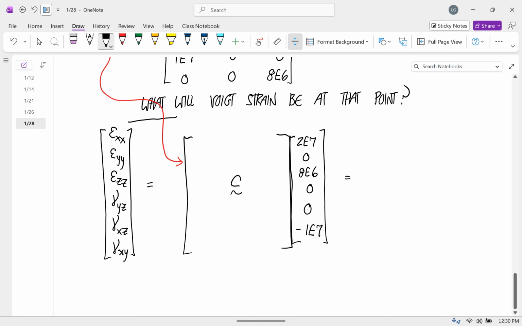But now if you do this matrix multiplication, you get 0.000214. I don't know why I did this in standard notation, but then the YY element of the Voigt strain is negative 0.00090.